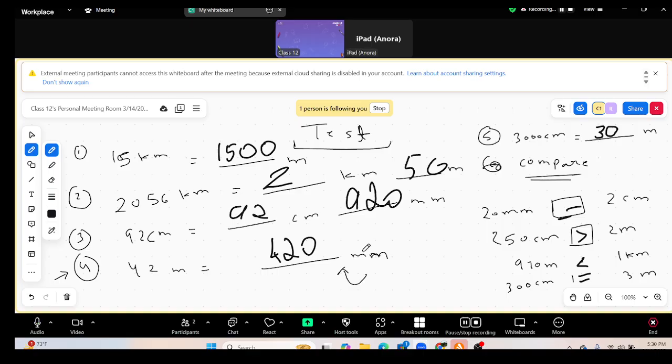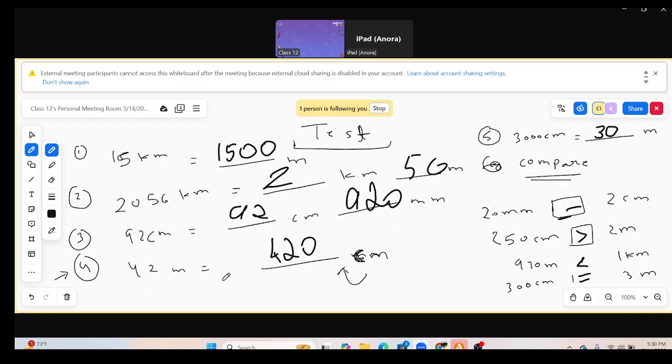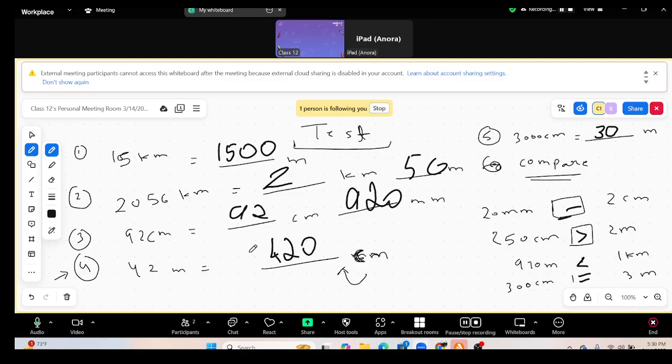Let's suppose here it's centimeter, because I didn't teach you this and we don't have time. Now please do this again.